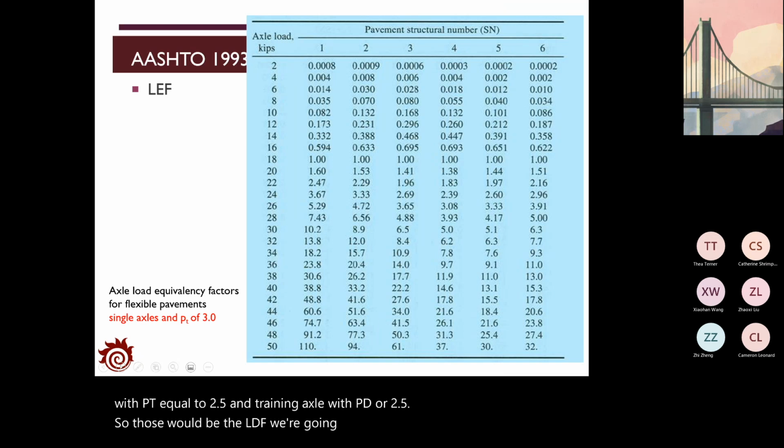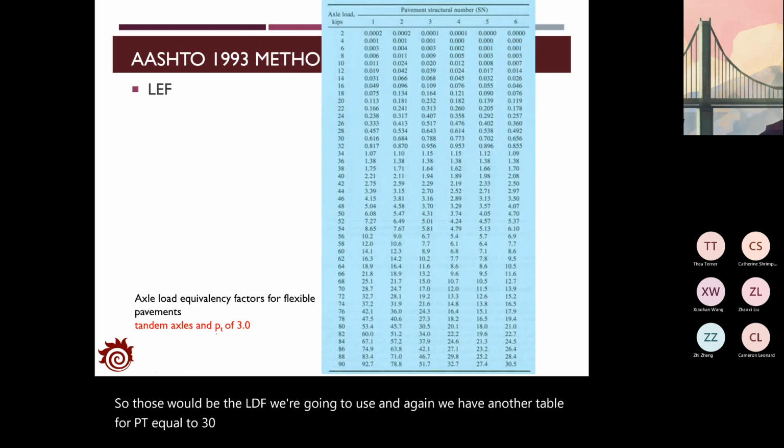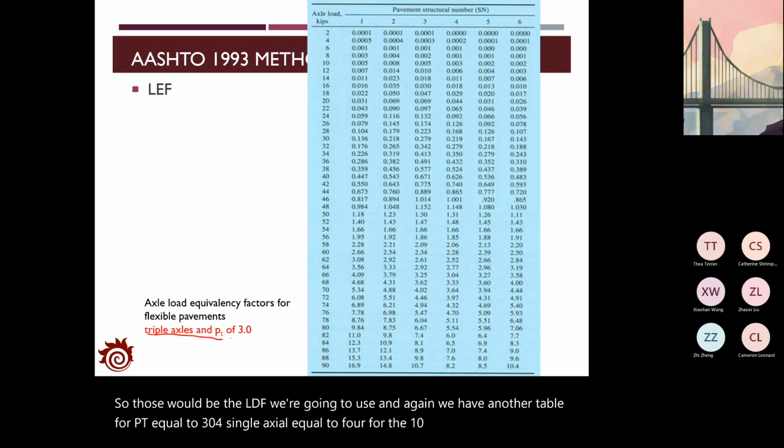And again, we have another table for PT equal to 3.0 for the single axle, the tandem axle and trailing axle.